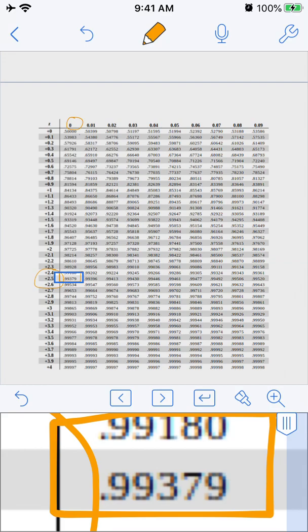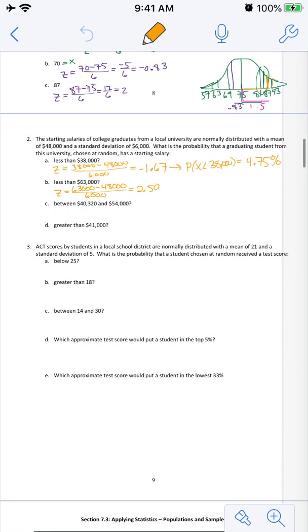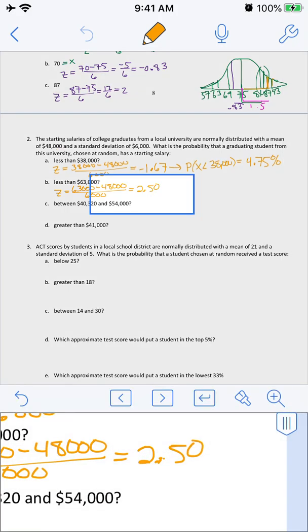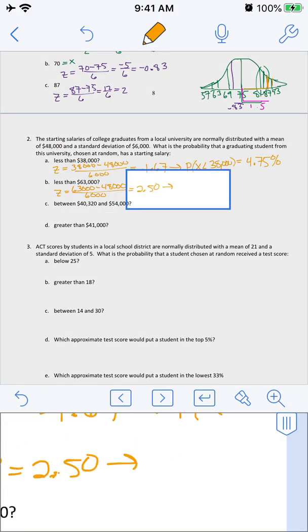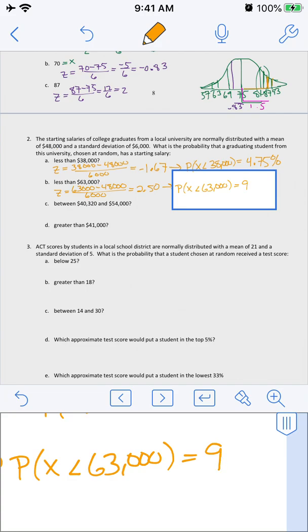In other words, 99.4%. You can round to a couple decimal places, that's fine. All right. So notice I'm not writing an equal sign because 2.5 doesn't equal that, right? But 2.5 tells us that the probability of x being less than 63,000 is equal to 99.4%. Cool.